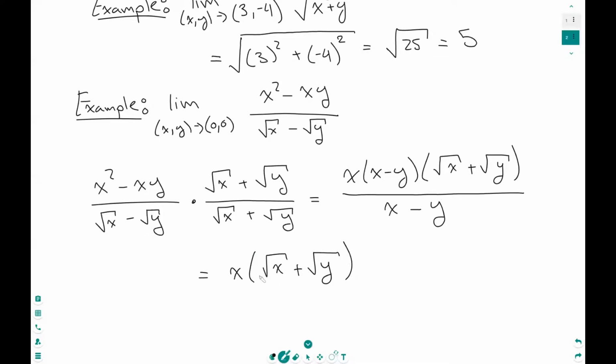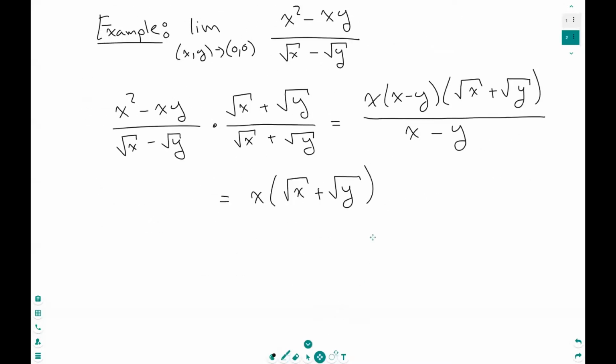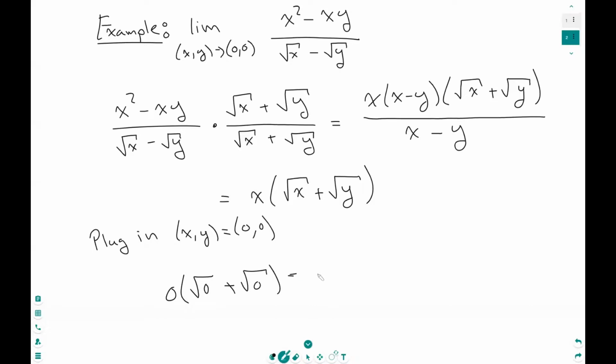So this, however, does not have a problem with me plugging in 0 and 0. So we plug in the point 0, 0 into here. We get 0 times the square root of 0 plus the square root of 0, which is 0.